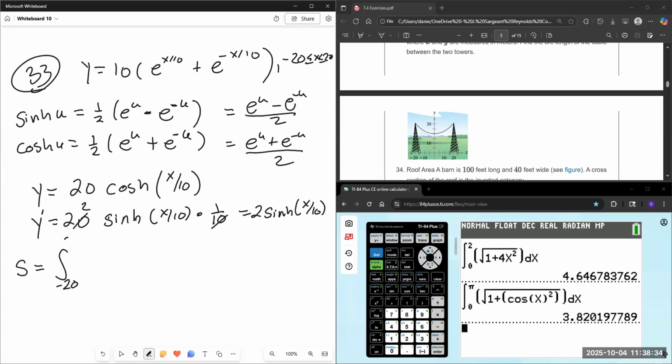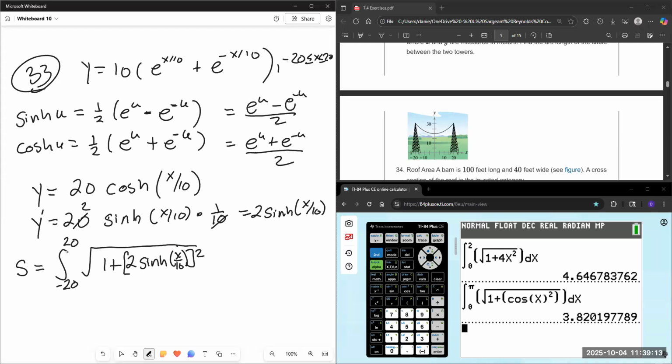It goes from -20 to 20, root 1 plus 2 hyperbolic sine of x over 10, quantity squared. Let me see what I did wrong.